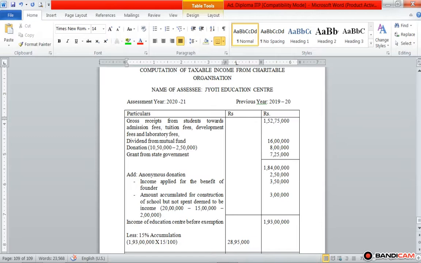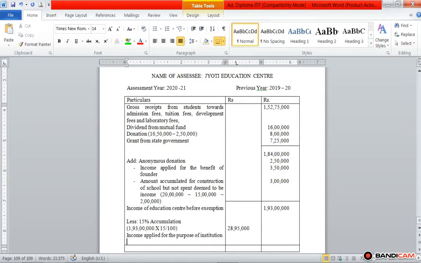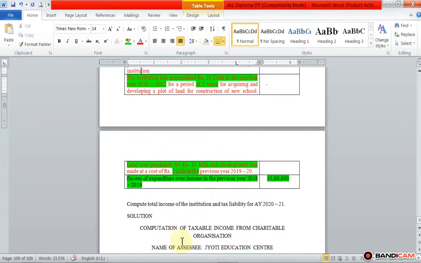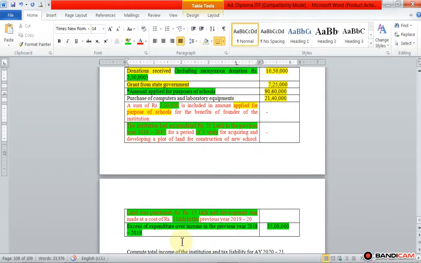Application for the purpose of institution, income applied for the purpose of institution. Okay, so here find out the income applied for the institution. So here which is given, first we make a star, or first grant from state government.